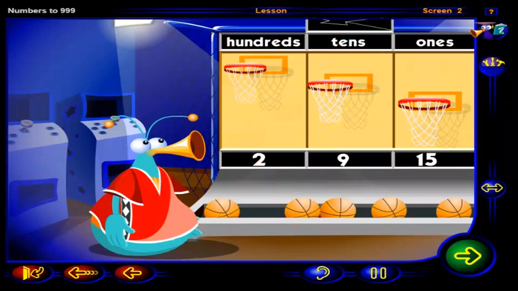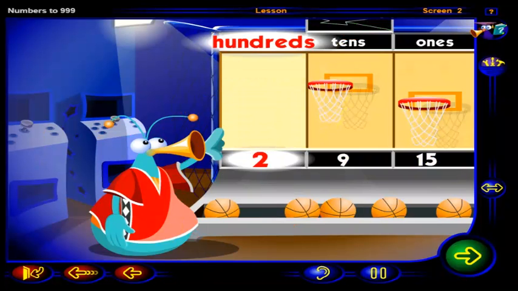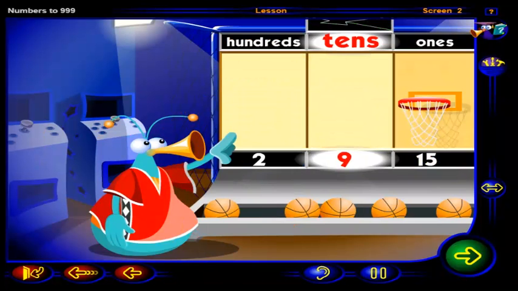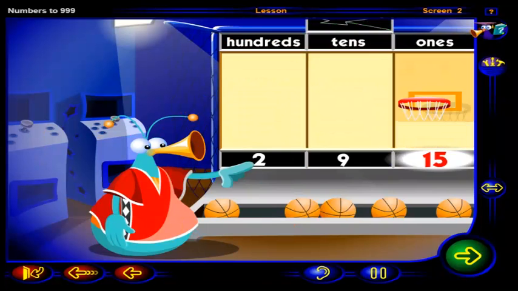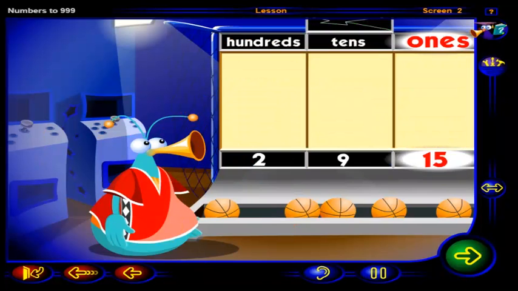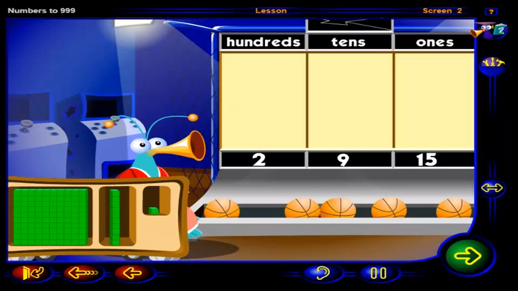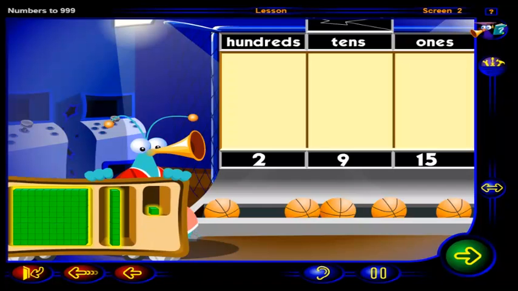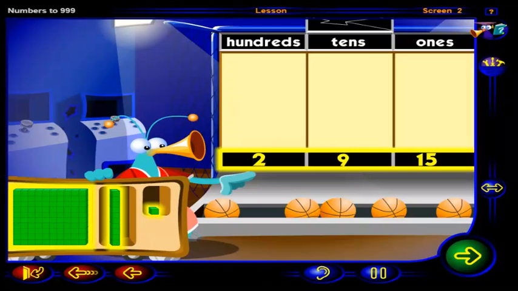It's not showing the number of points you scored altogether. 2 hundreds, 9 tens, and 15 ones. Yeah, let's use blocks. We can use hundreds, tens, and ones to see how many points this is altogether.